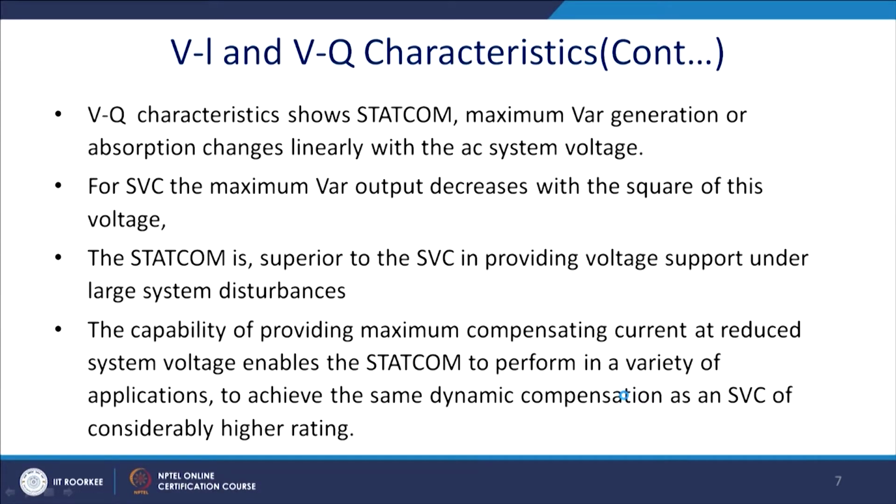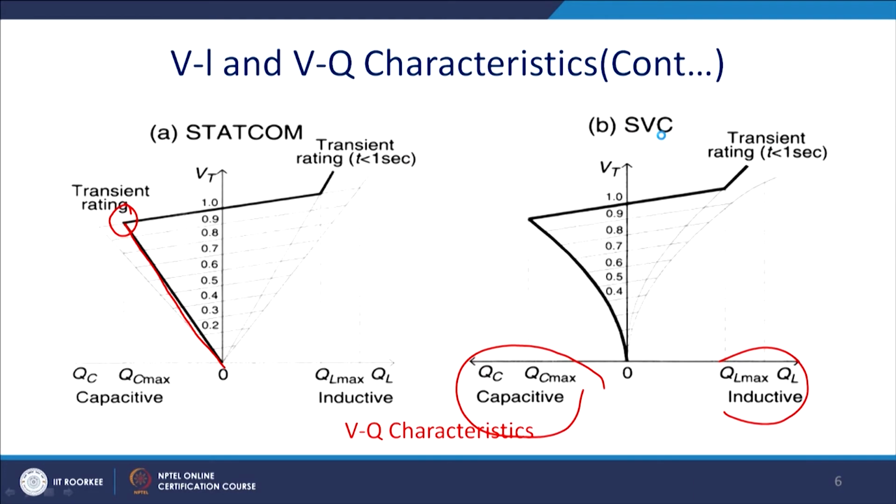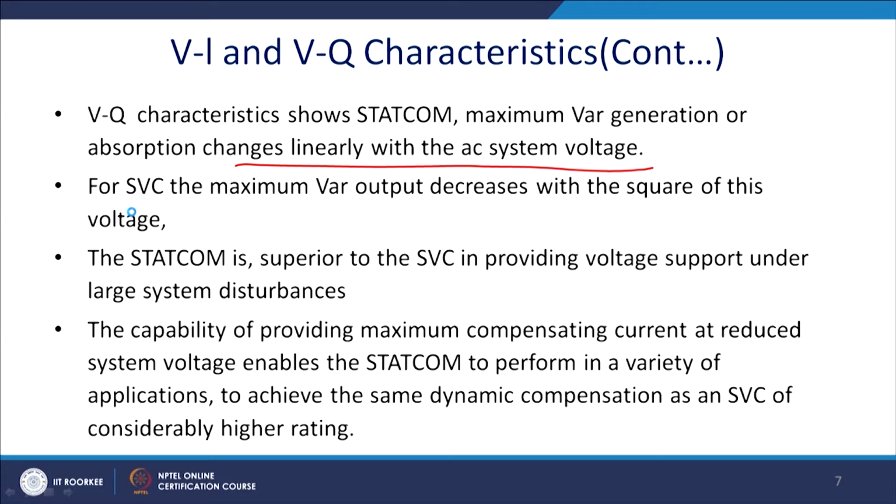The VQ characteristics show that in the case of the STATCOM, the maximum var generation or absorption changes linearly with the system voltage. For the SVC, the maximum output var decreases with the square of its voltage, so it is quadratic in nature.